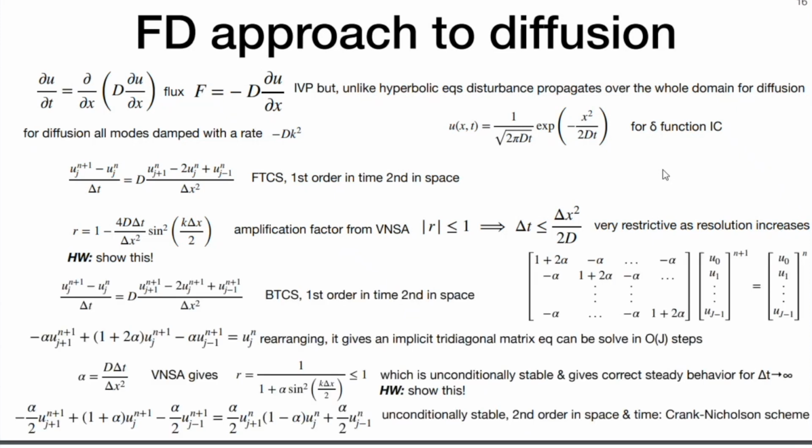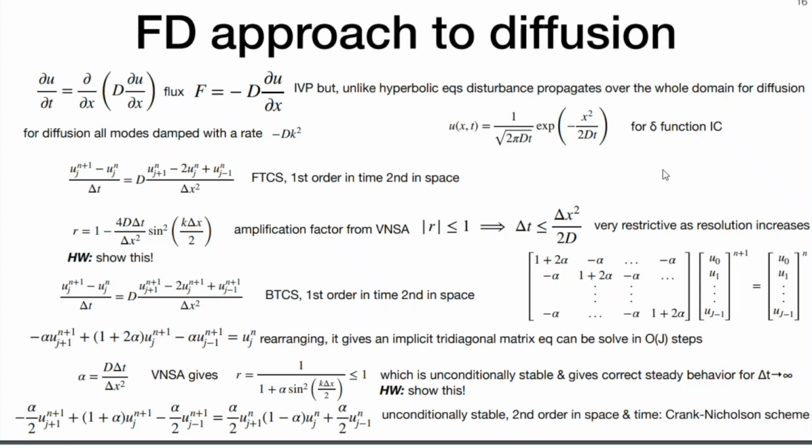You can actually correct that situation if you do a backward time differencing. So instead of evaluating the right hand side at n, you evaluate the right hand side at n plus 1. This is BTCS, backward in time, centered in space differencing of this equation.